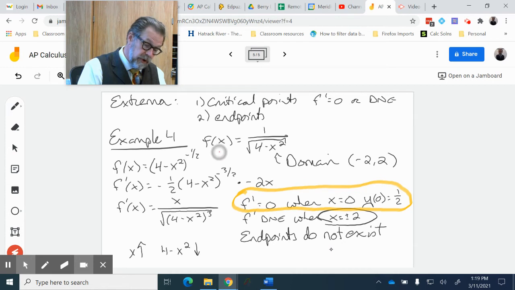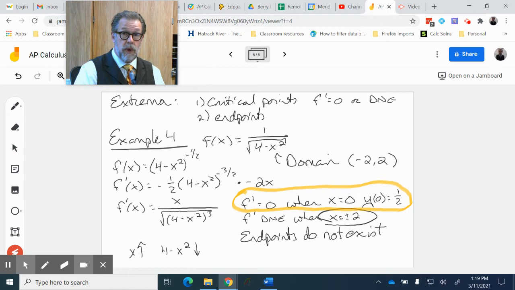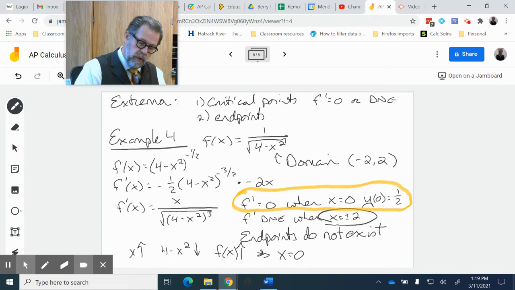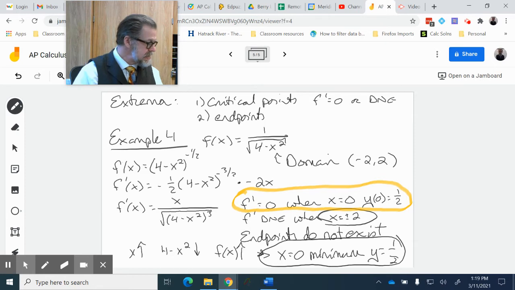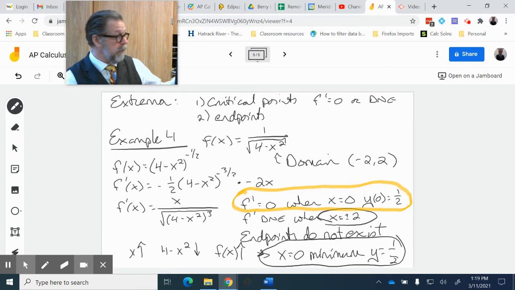Looking at the function: as x increases, 4 minus x squared decreases, and therefore the function increases. And therefore, x equals 0 is a minimum with a value of y equals 1/2. That is the lowest that this function ever gets. So it is an absolute minimum, and there are no other minima or maxima.